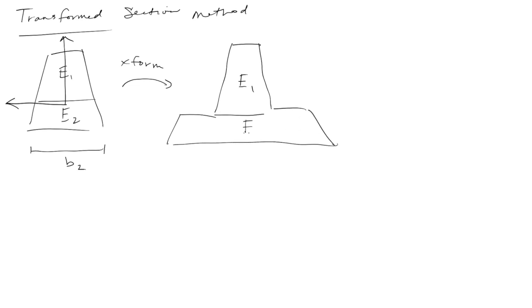Right, so this now is E1, and then this is some factor of B2. So that's what I want to try and do, because now I've taken a beam problem where I have a change in material and transformed it into a section where it's all one material. Both are E1, but I've changed the area of material.